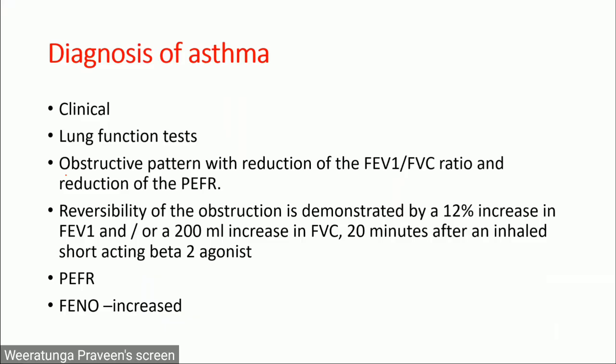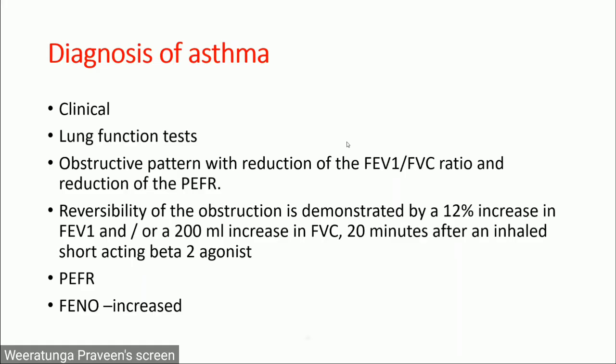And I've given you the criteria. So you have to have a low FEV1 FVC ratio with evidence of reversibility. You also couple this up with, if possible, peak expiratory flow rate measurements.